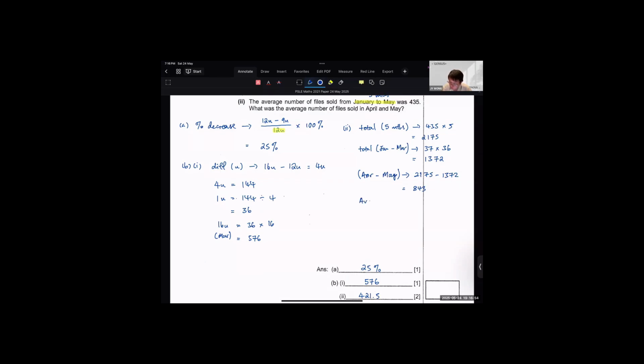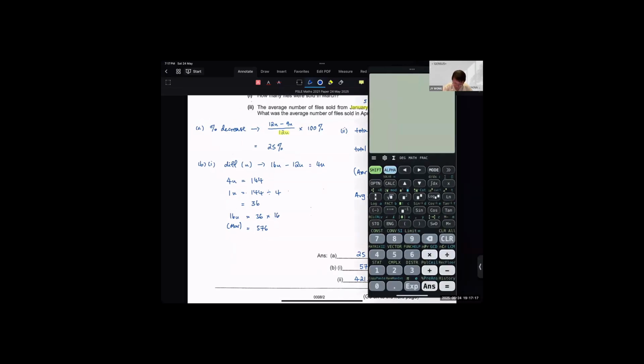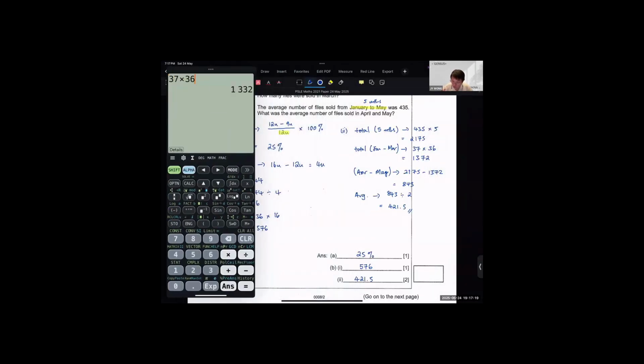And therefore, the average in April and May is 843 divided by 2. 421.5. They only want the average of 2 months. Did I make a calculation error? 37 times 36 is 1332, sorry. 2175 minus 1332 is 843, okay.